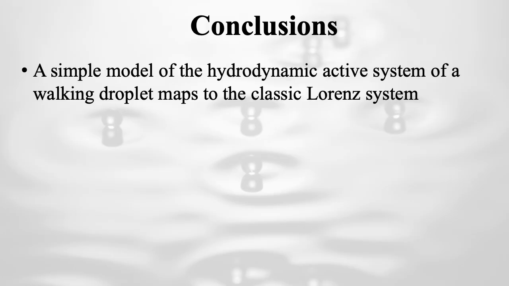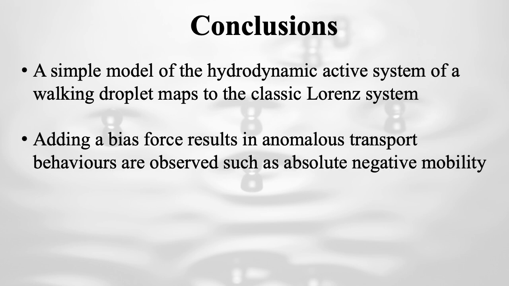Okay, so in conclusion, we saw that a simple model of this hydrodynamic active system of a walking droplet can be mapped onto the classic Lorenz chaotic system. And then by adding a bias force to this system, we found that we get anomalous transport behaviors of the droplet, where the average velocity can be giant and negative to the applied bias force, and also giant and positive to the applied bias force.